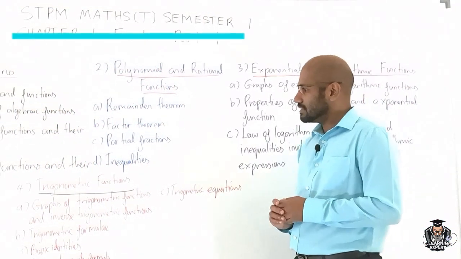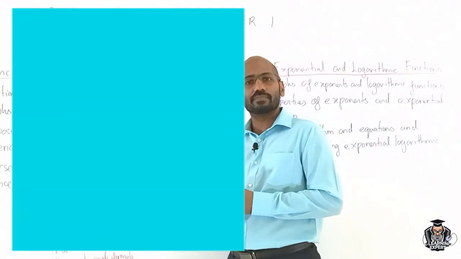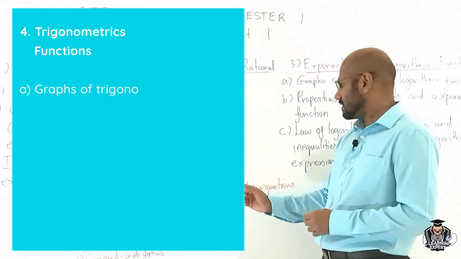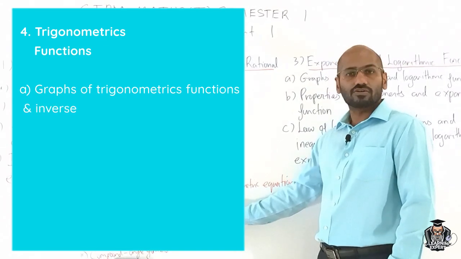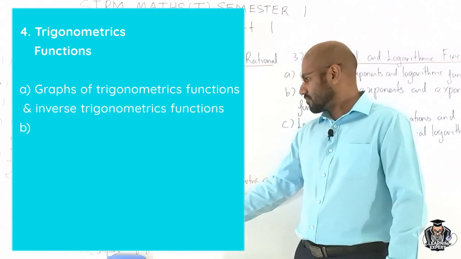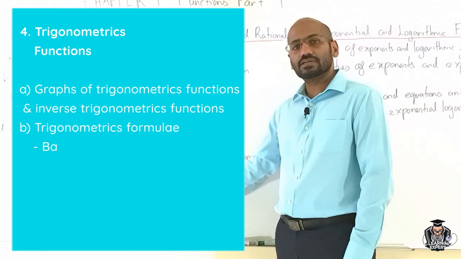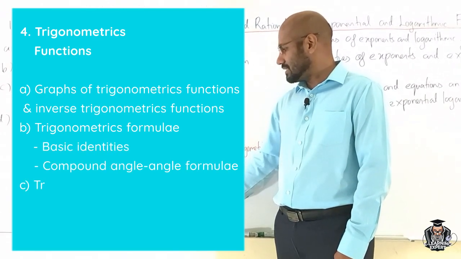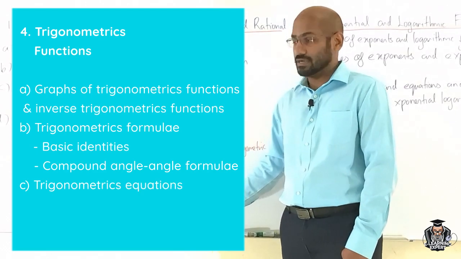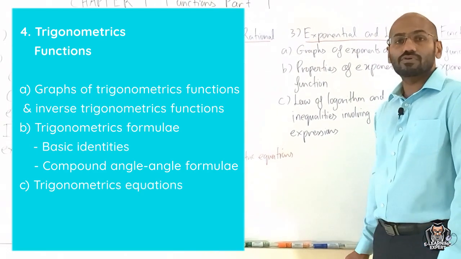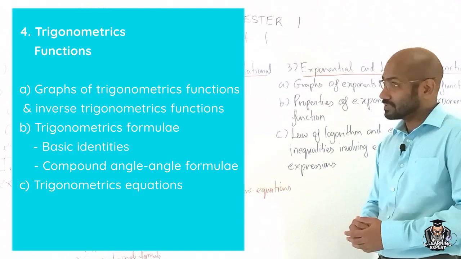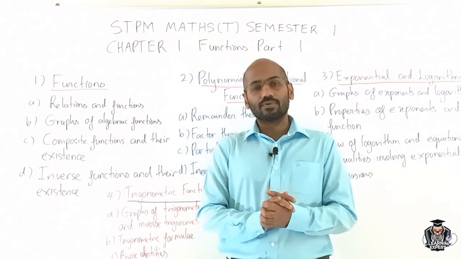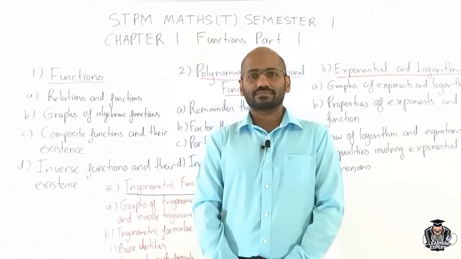And lastly, in the fourth subtopic, we have trigonometric function, where we'll be covering graphs of trigonometric functions and inverse trigonometric functions. And of course, in B, we have trigonometric formulae over here, where we'll be covering basic identities and compound angle formula. And lastly, we have also trigonometric equation. So this is an overview of what we have to study or cover in chapter 1.